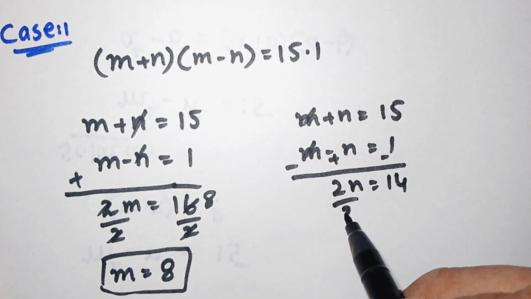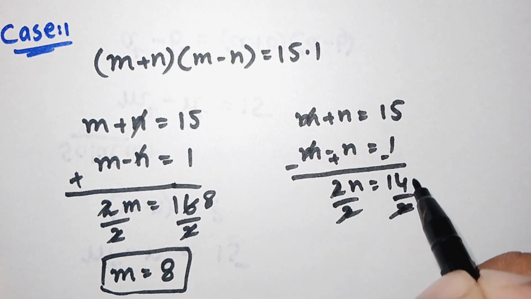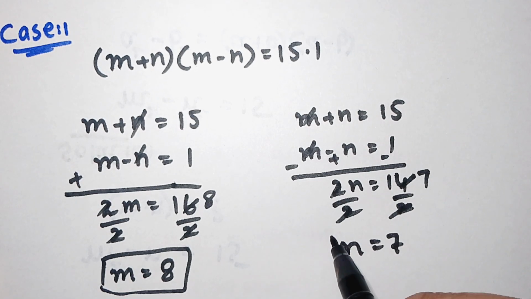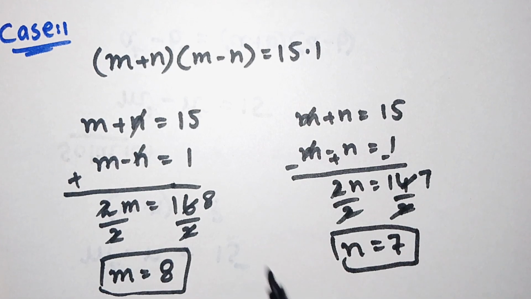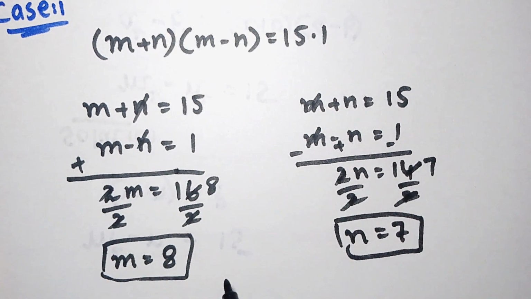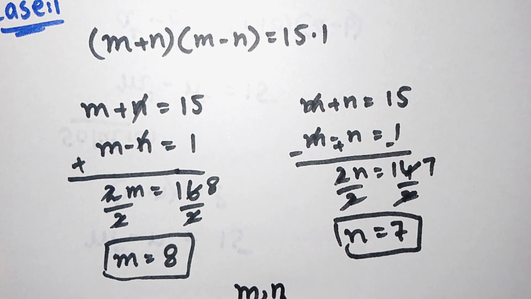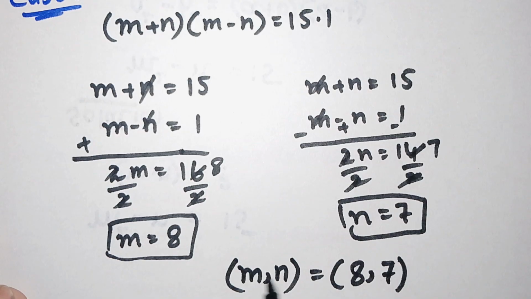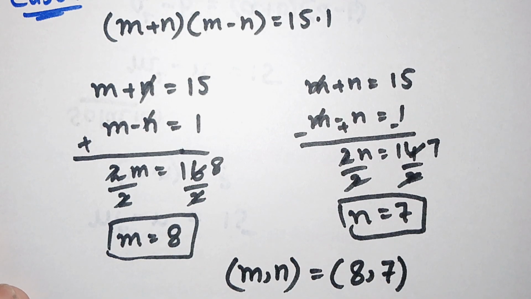Here this side divided by 2 and this side divided by 2, 2 cancels, 2 times 7 is equal to 14. So n is equal to 7. So this is the value of n. So from case number first, m is equal to 8 and n is equal to 7.